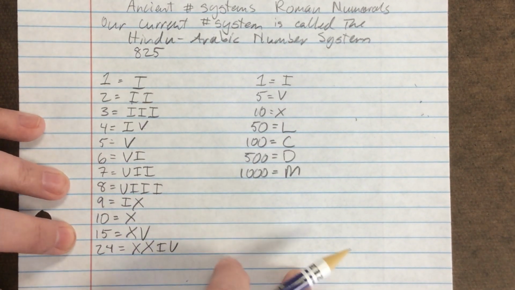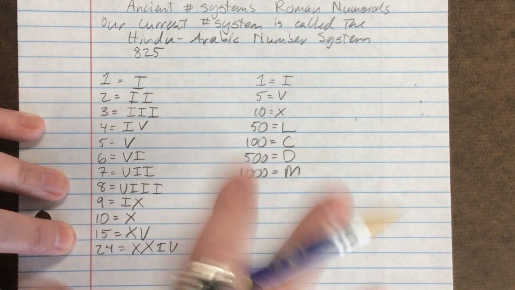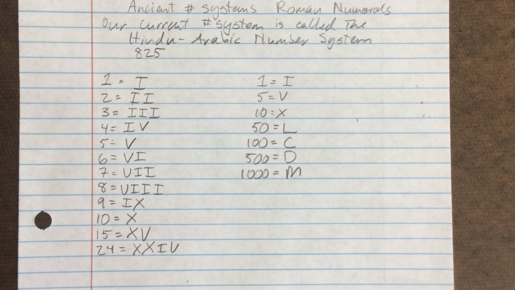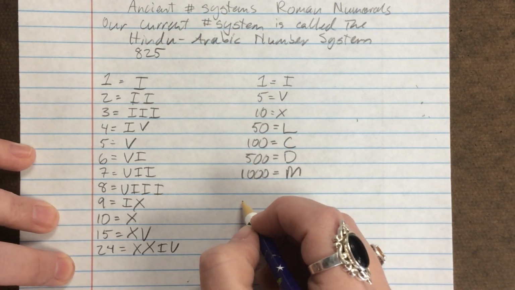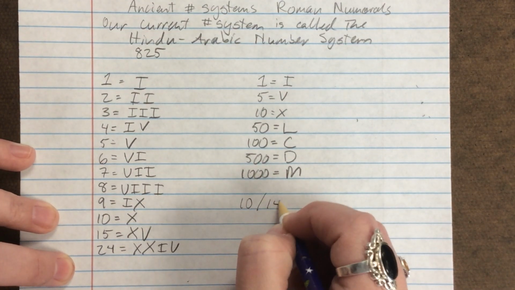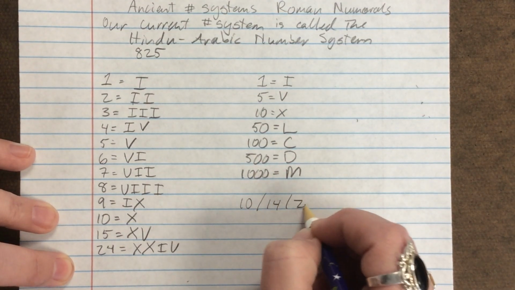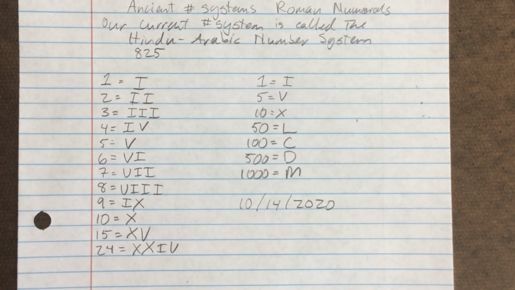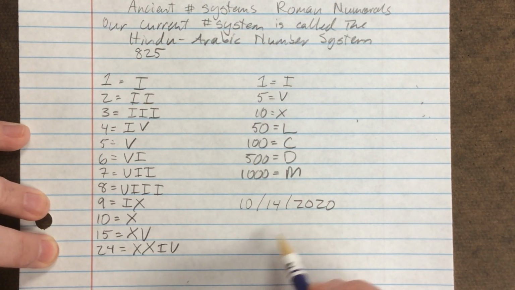So let's practice using these, translating from our numbers to their numbers. So today's date is going to be October 14th, 2020, right? But that would be 2020 for realsies. So then let's write, we will write this out in Roman numerals.